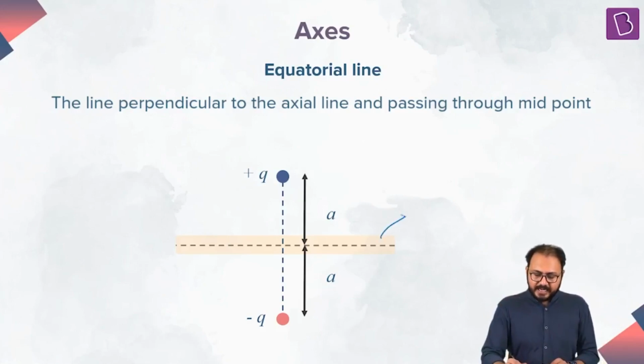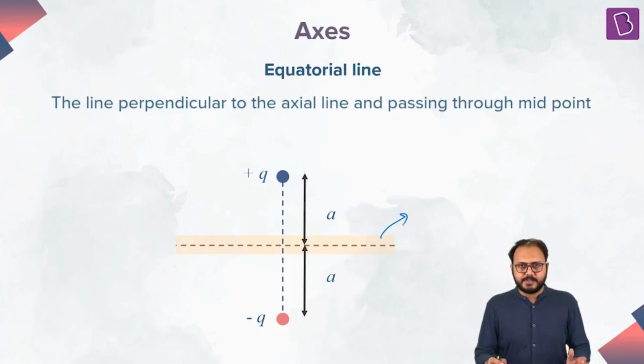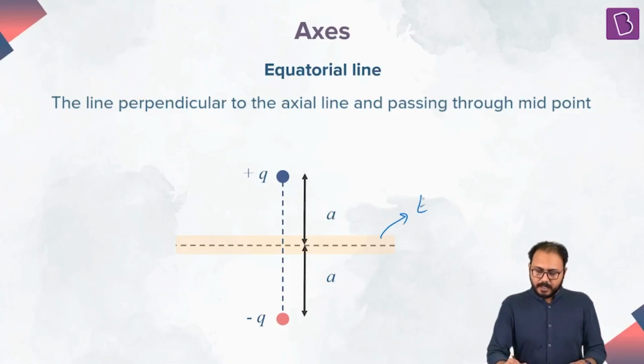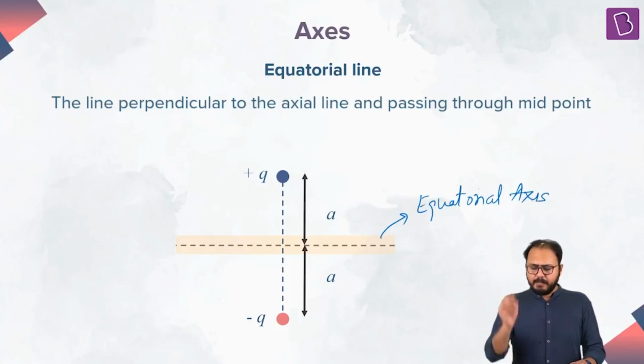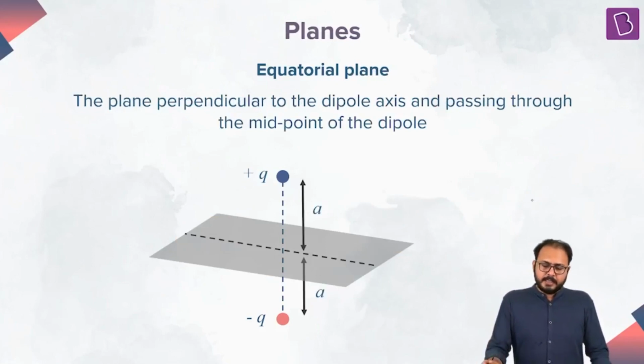And this line, guys, which is dividing the axis into equal halves, is called equatorial axis or equatorial line. And in some books, I have seen it referred to as just equator. Got it? Perfect.